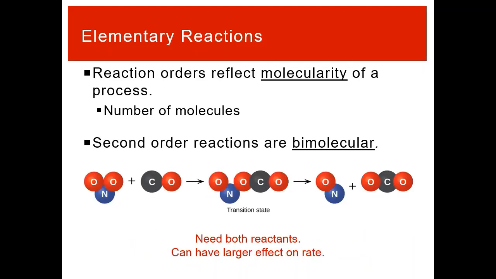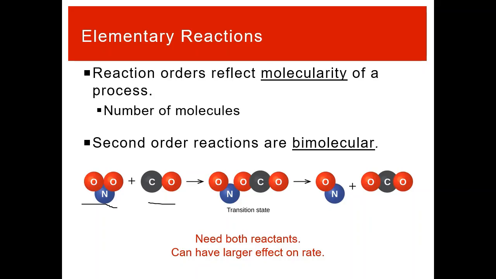When we step up to two molecules, that's a bimolecular process, which would then be second order. So this is kind of the idea that we talked about previously with collision theory, that two molecules need to collide. And so in this case, it's a collision of, say, NO2 and CO. And in this case, you need both reactants in order to have this process happen.